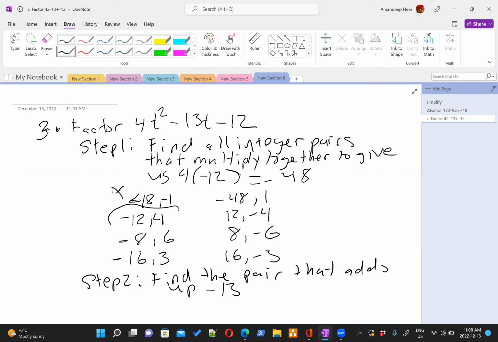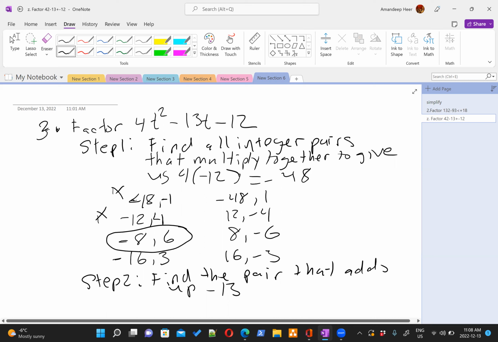What about -12 and 4? If you add them up, what do you get? -8. Is that the same as -13? No. If I take -8 and 6, and add them up, is that going to give you -13? -8 plus 6 is what? -2. Is that the same as -13?